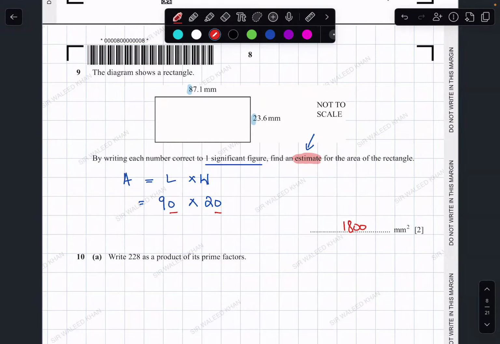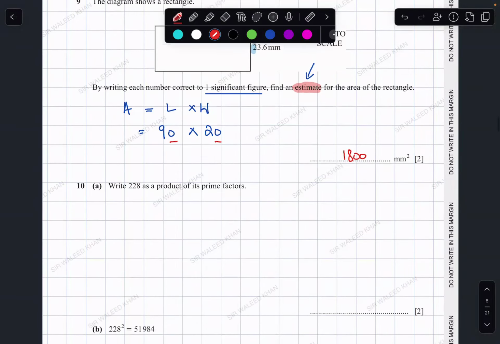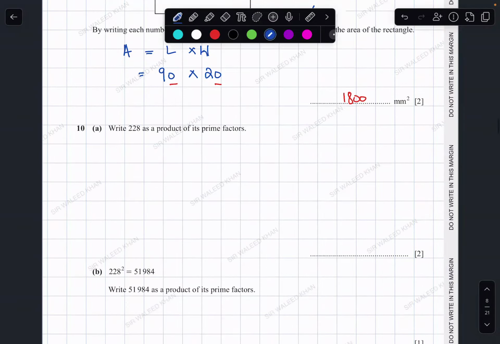Okay. Next, write 228 as a product of its prime factors. You can use the ladder method to work out the prime factors. We start with the lowest one, 2. This will be 114. Again 2, because we can see an even number, so I can use 2. So we have 57.